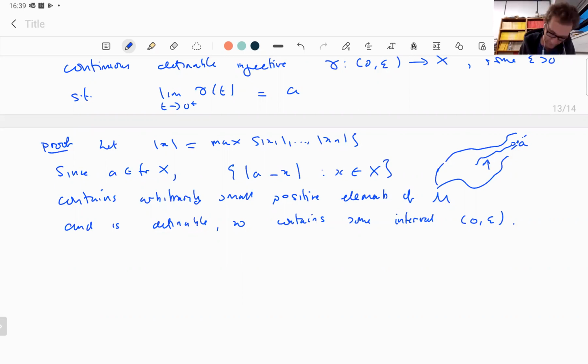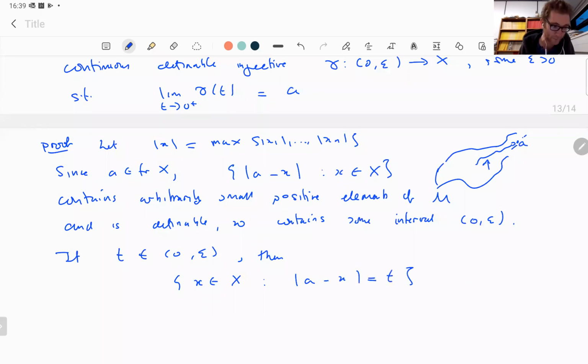So if t is in 0 epsilon, then the set of x in X such that a minus x equals t is non-empty. So by definable choice, we can get a definable map that takes t to some x such that a minus x is t.